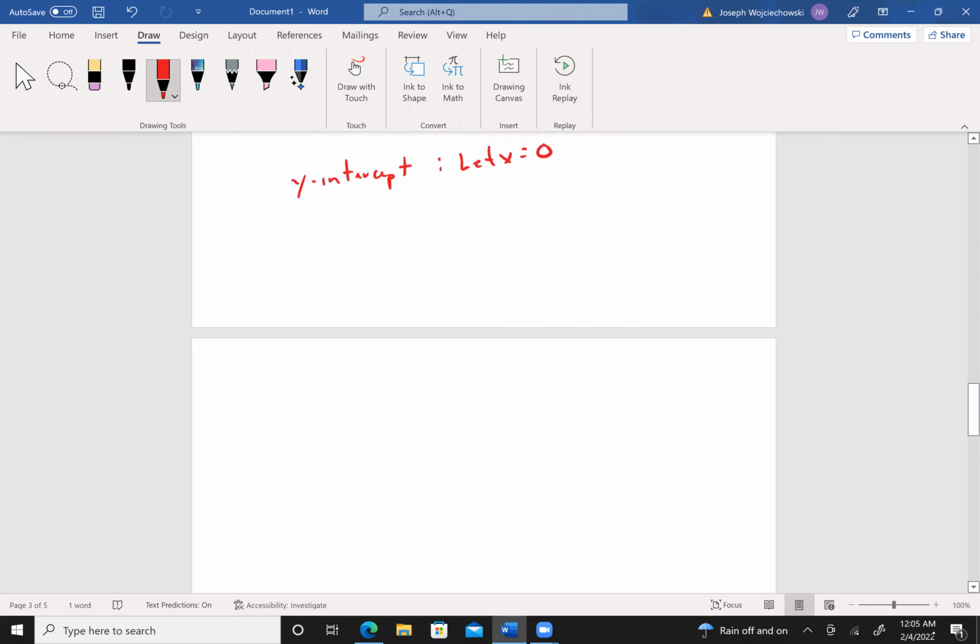So let's look at y equals x squared minus 4. So let's find the x-intercept. So if y is 0, what does x equal? Well, x squared has to equal 4. So x is plus or minus 2.